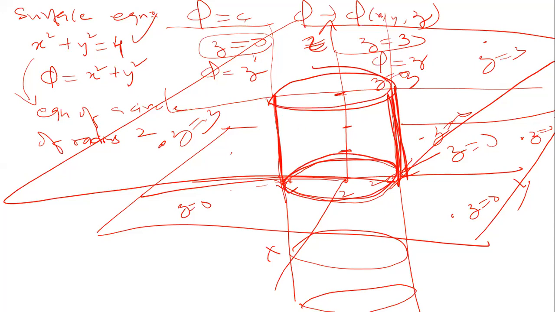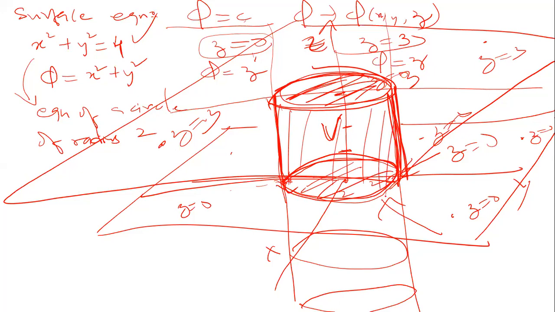So you have one infinitely long cylinder. You have two plane surfaces cutting the cylinder. Z equal to 0 is cutting the cylinder here, and z equal to 3 is cutting the cylinder again over here. So this is your volume under consideration, the volume enclosed by these three surfaces, right?